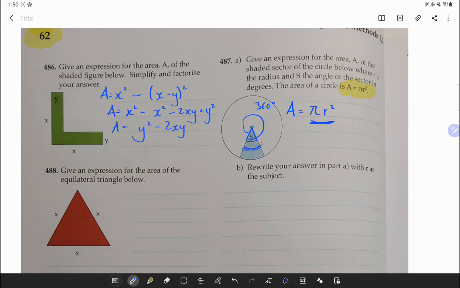So if we work out the entire area and then find out how much of a proportion that angle is, we should be able to get it. So fractions work like this. I'm going to times this by s over 360. That fraction gives us a proportion to work with.